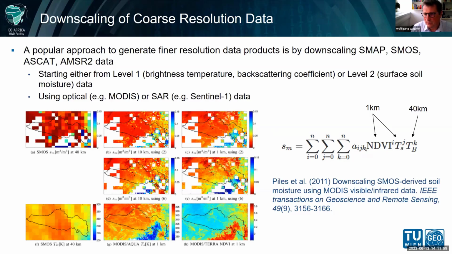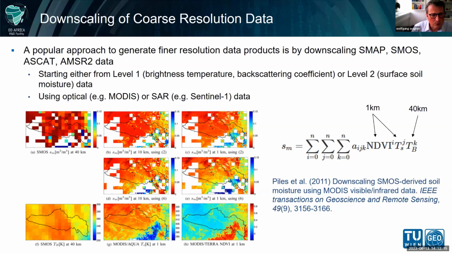So here would be a very simple procedure by building a regression model or a machine learning technique where you throw in the different input data sets, and out comes a soil moisture estimate.